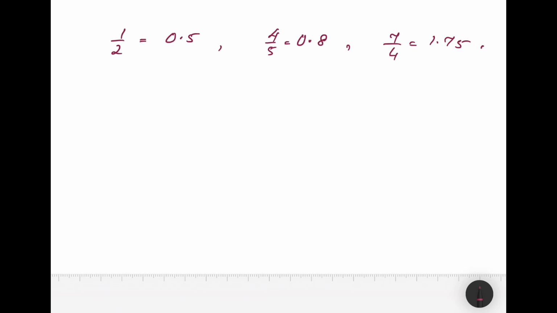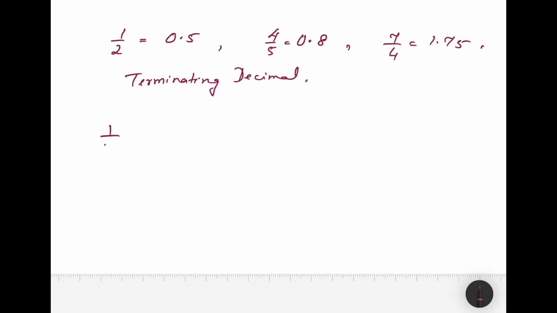So now everywhere it is terminating. In 1 by 2 you have only one decimal place, 0.5. 4 by 5 it is 0.8, only one. In 7 by 4 you have two decimal places. So it is a terminating decimal.